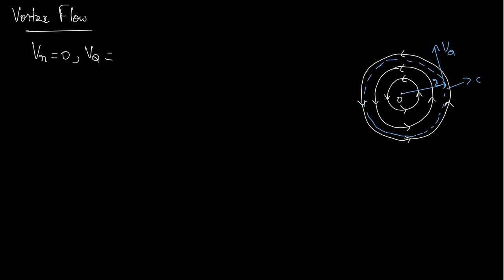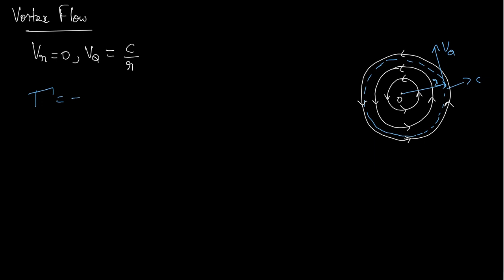It is a complete contrast to the source flow or the sink flow, where we had non-zero radial velocity and 0 tangential velocity. So in a similar fashion to what we assumed for the source or sink flow, we can assume the tangential velocity to be c by r, where c is a constant. Now if I try to calculate the circulation, because circulation must be there to create this kind of flow, that's an intuitive judgment.